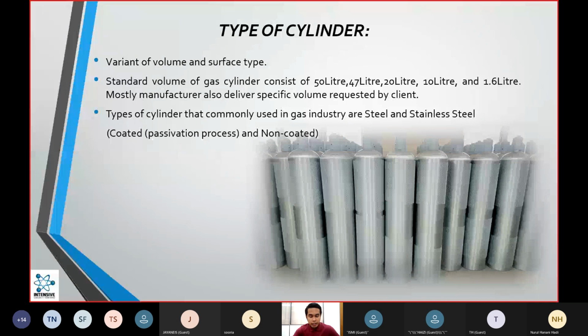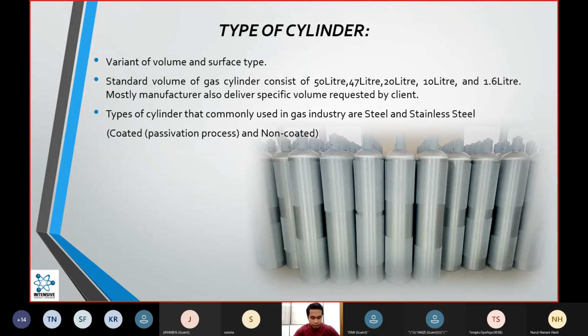Coated cylinder means the cylinder has gone through what we call the passivation process, where the purpose of this process is to remove all the free iron inside the cylinder surface. So coated cylinder is used to fill toxic gas or types of gas that easily react with water, for example hydrogen sulfide, H2S, or carbon monoxide, and others.